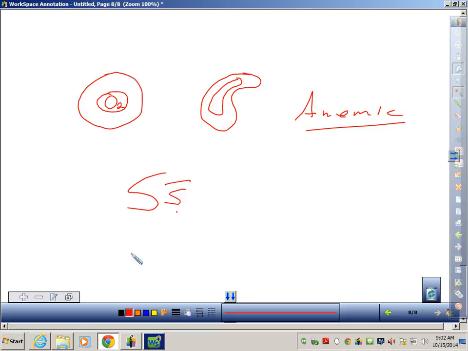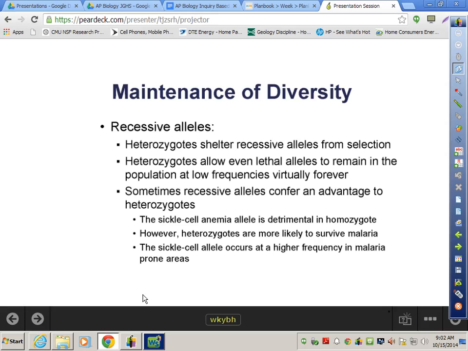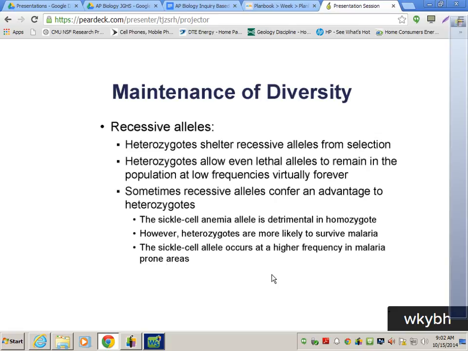So it makes this disease even more predominant in that population of people. Kind of a fun illustrative example. So heterozygotes are more likely to survive malaria, and the sickle cell allele occurs at a higher frequency in malaria-prone areas. Go figure, right?